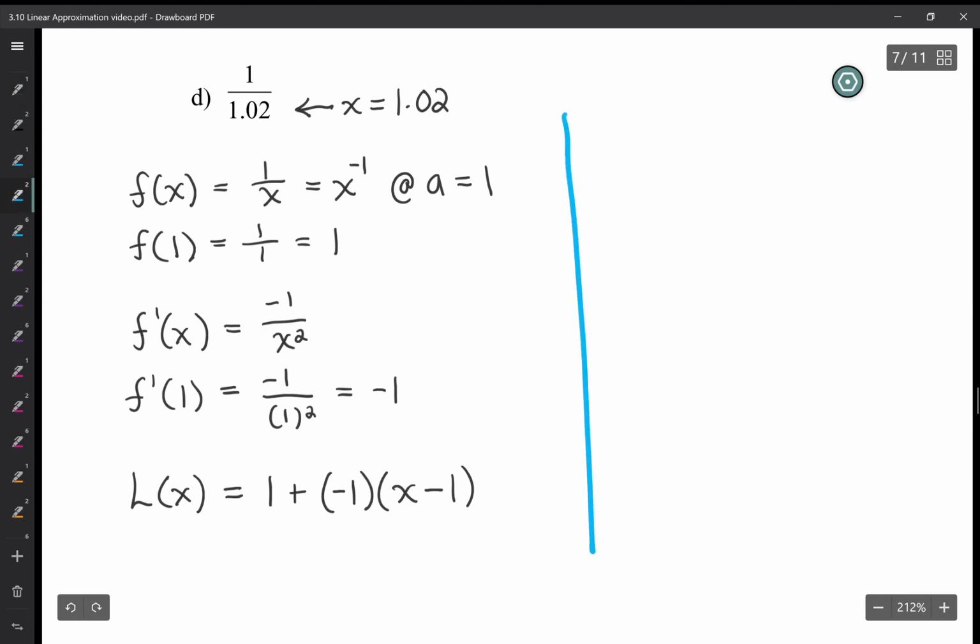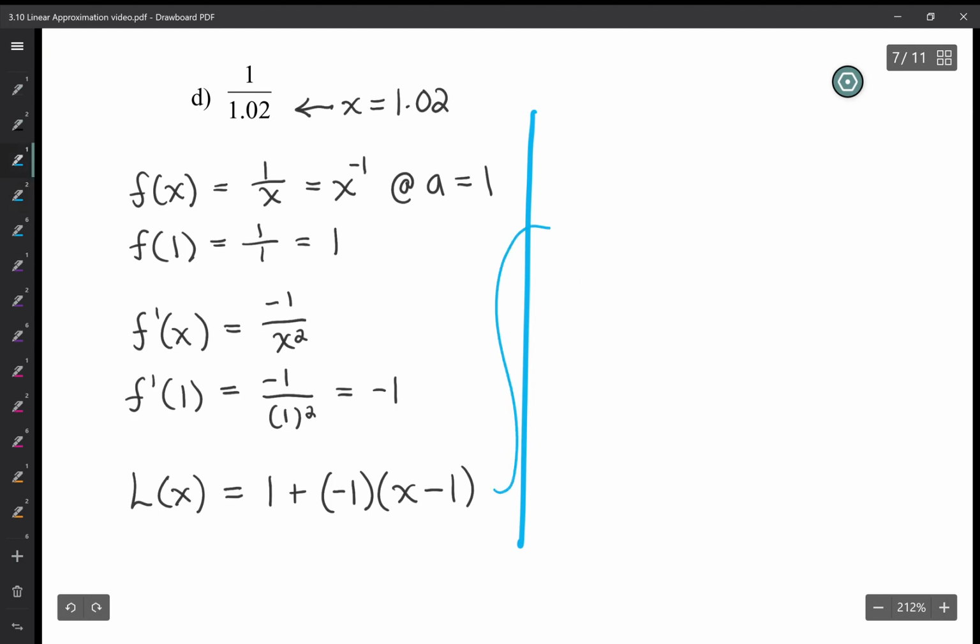We can then use this in order to approximate 1 over 1.02. So we need to find L of 1.02. This will be equal to 1 minus x, which is 1.02, minus 1.